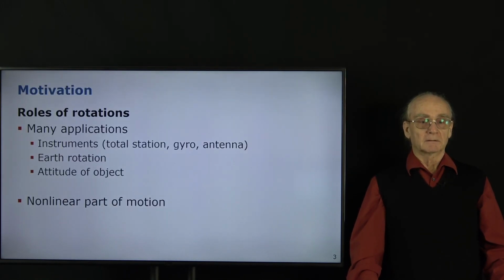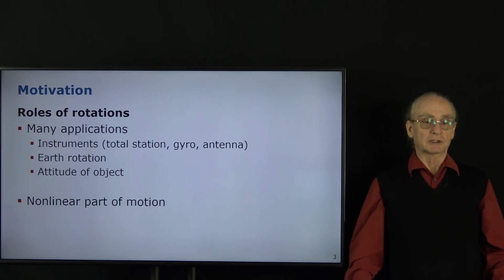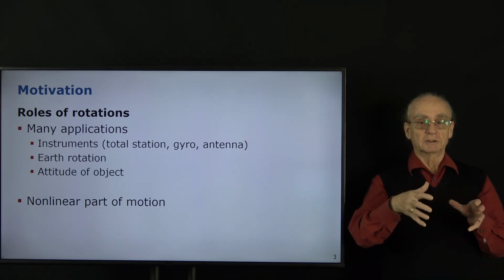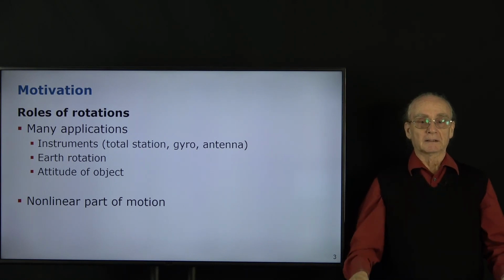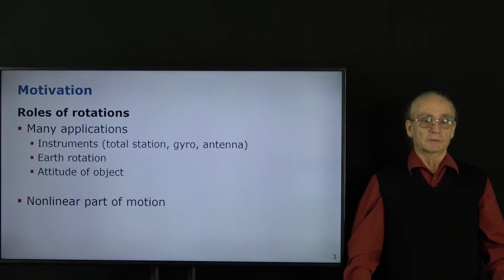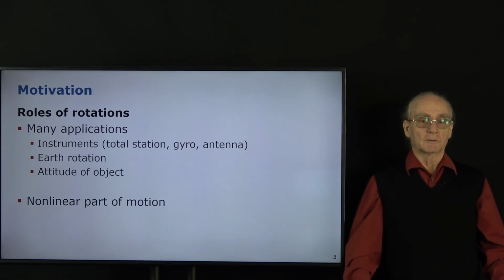So why are rotations important? Because of course there are already many applications for rotations only. For instance, if you have a total station, you need to know the direction and the upward angle, or you have a gyro measuring the angles in three directions, or you have antennas which you want to level, or you want to determine or describe the Earth rotation, which is then just a rotation, or you just want to describe the attitude of an object without referring to the translation part.